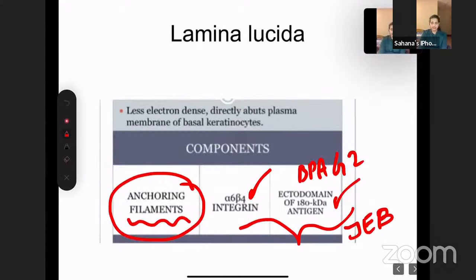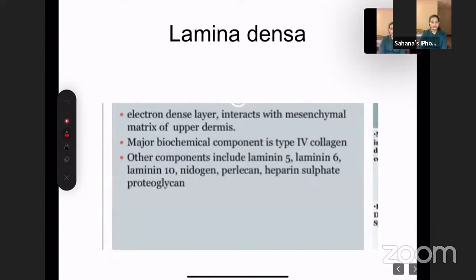The next structure after Lamina Lucida was the Lamina Densa. As the name says, it is an electron dense layer. Here the major biochemical component is type 4 collagen. You don't have to worry about all the other structures, just remember type 4 collagen.